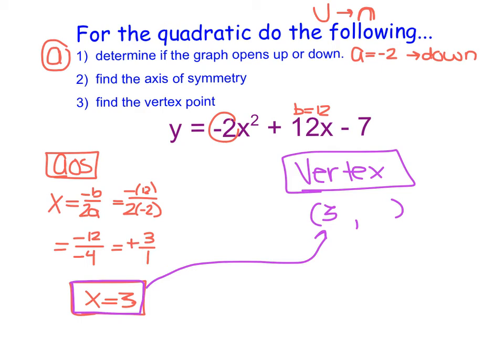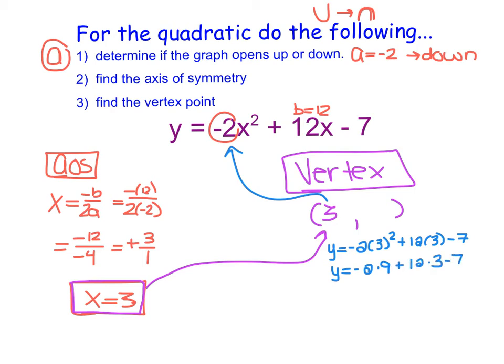So here, if we take our x value of 3 and substitute it into x in the equation above, we have y is equal to negative 2 times 3 squared plus 12 times 3 minus 7. So we start with the exponent there, so we have y equals negative 2 times 9 plus 12 times 3 minus 7.